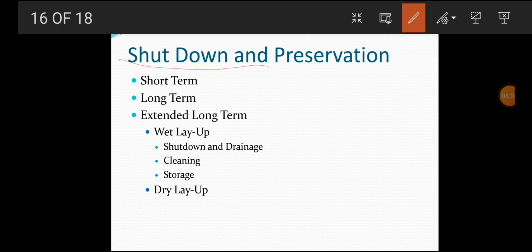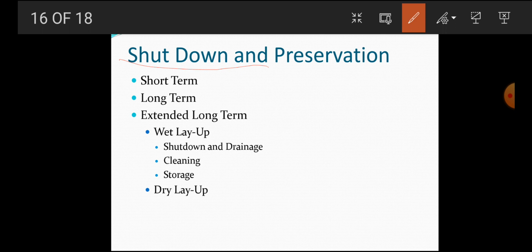Means till what time you want the boiler to be shut down. So on that criteria, the shutdown can be divided depending on the time period.